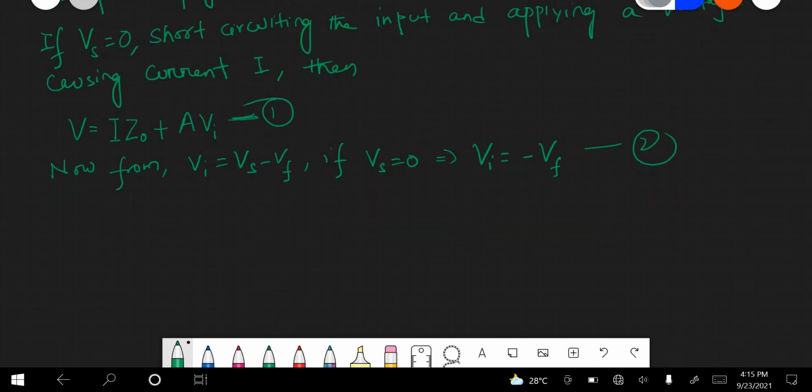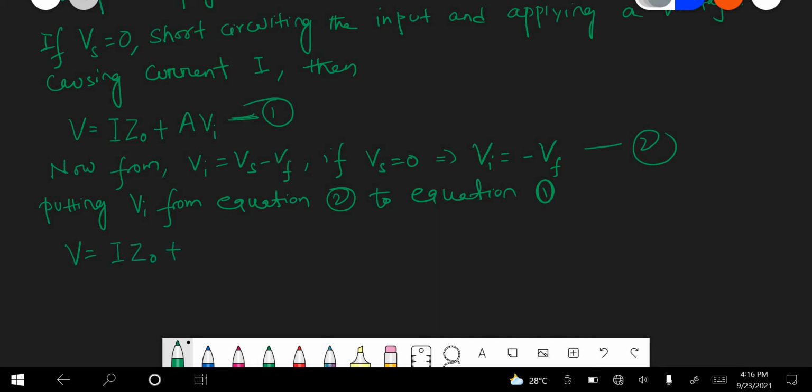Now if we put this value of Vi from equation 2 into equation 1, what we can get? V is equal to I times Z0 plus A times minus Vf. This gives V is equal to I times Z0 minus A Vf.